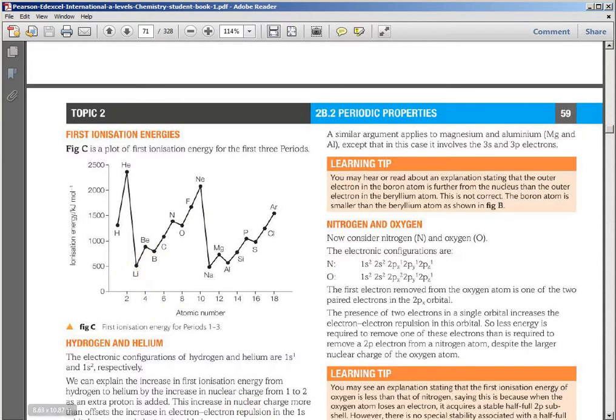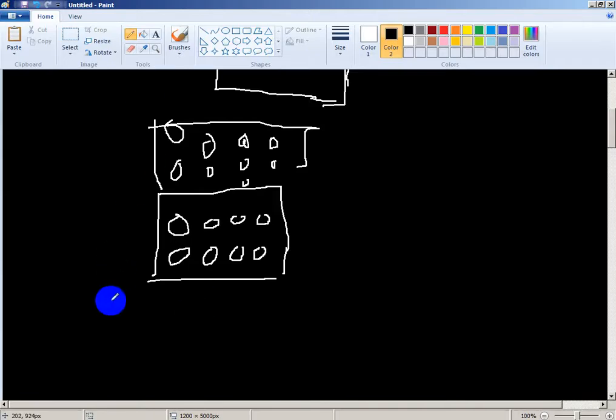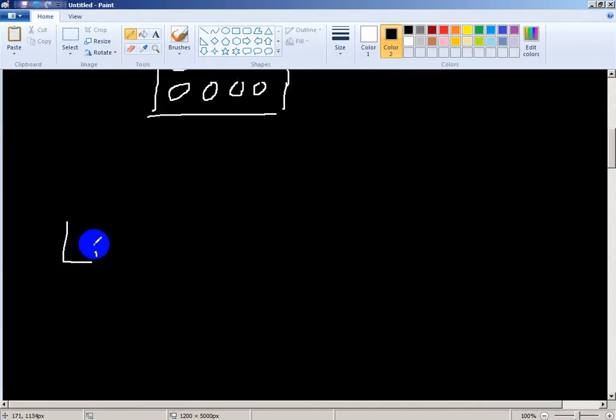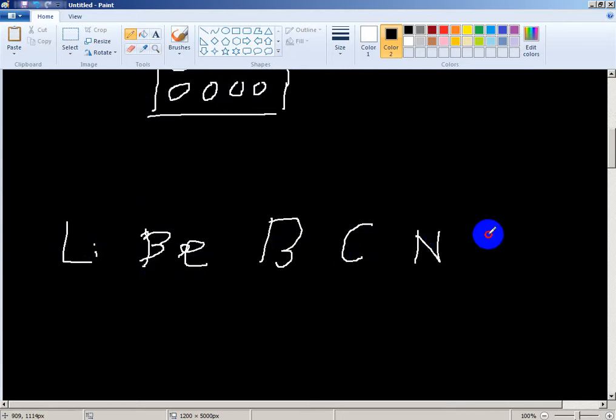Look, this is lithium, then beryllium, boron, carbon, nitrogen, oxygen, fluorine, and last is helium.